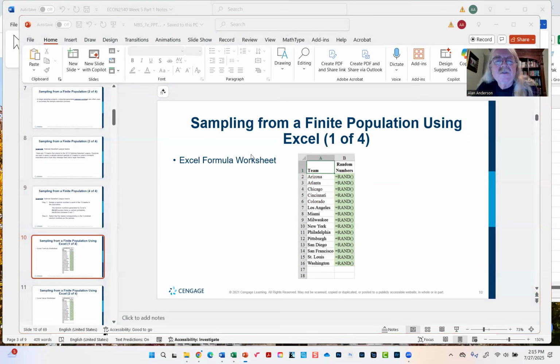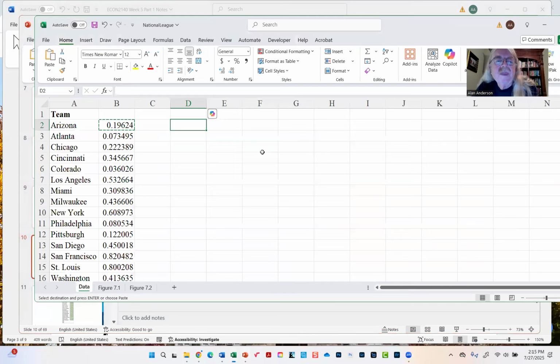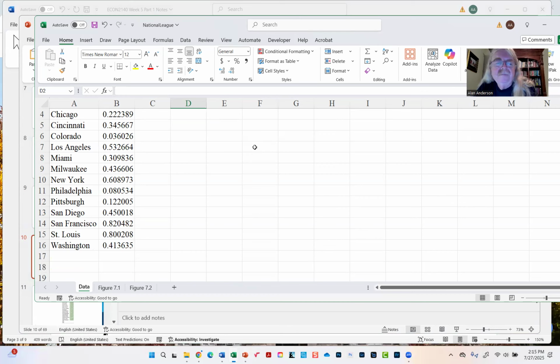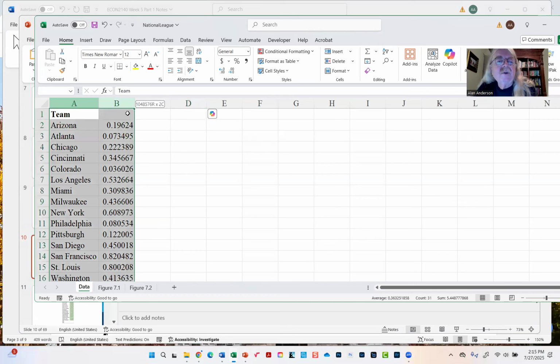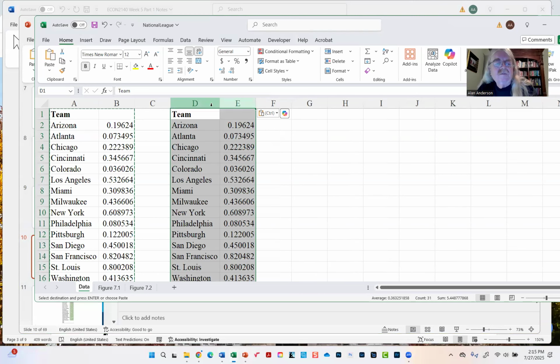Now, what they asked us to do, though, is organize them. They want to know what are the 5 smallest numbers. Those are going to be chosen for a random sample. So we're going to copy both columns. Now we can sort them from low to high by doing this. Oh, it's on the Data tab.